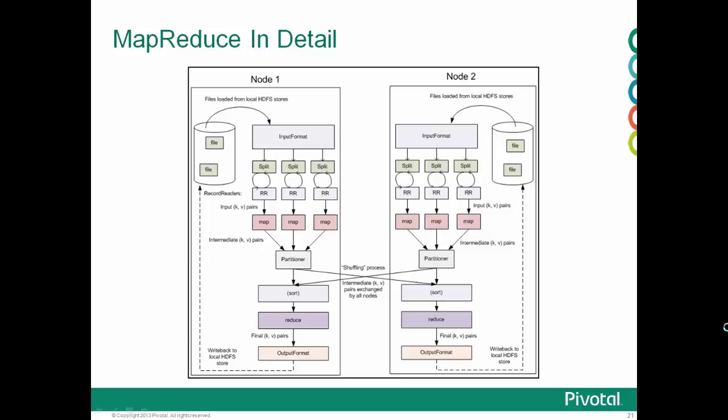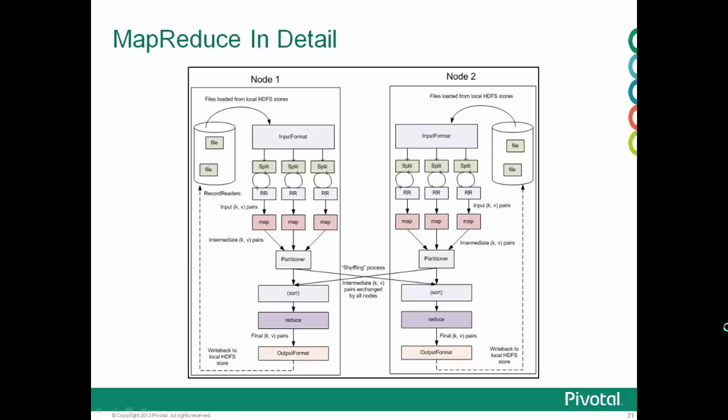The reducer will then use this intermediate data as its input, again in the form of a key and a value, but the value now is an iterator or an array. The reducer will process all the values in the array, generating a final answer associated with all of those values.